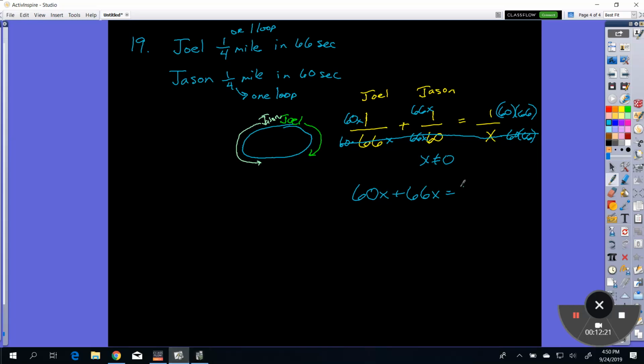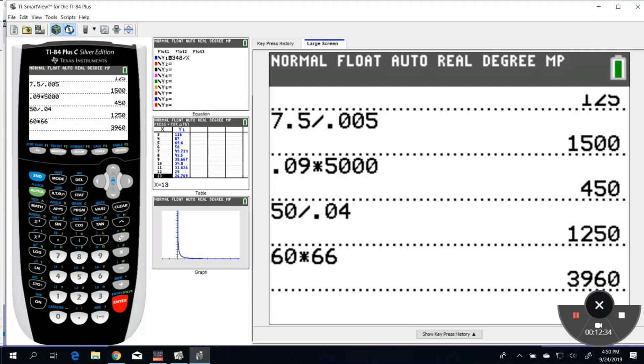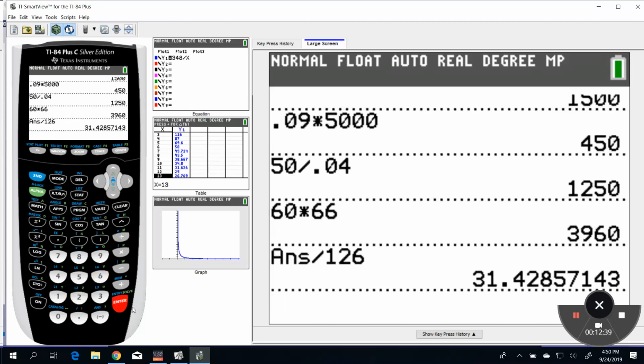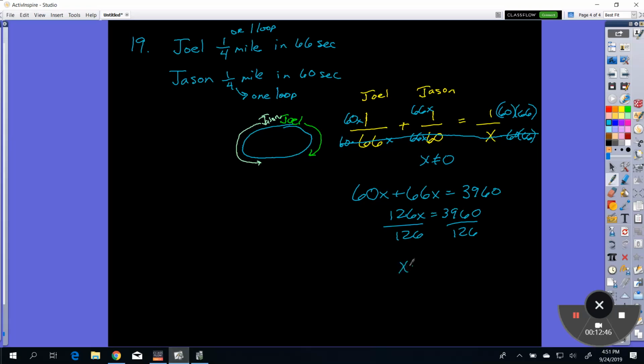So if I add these together, I get 126x equals 3960. So I divide by 126, and I get 31.4 seconds. That is how long it takes them to run around the whole track if they're working together.